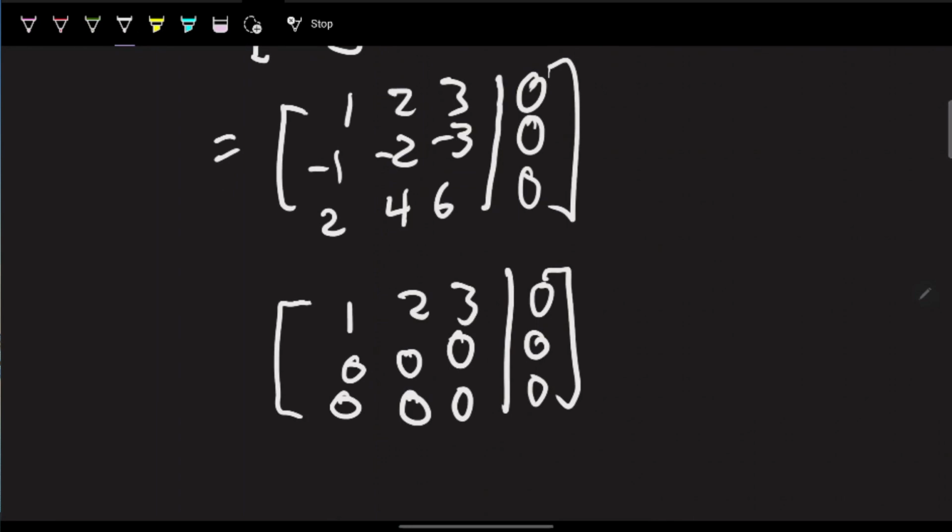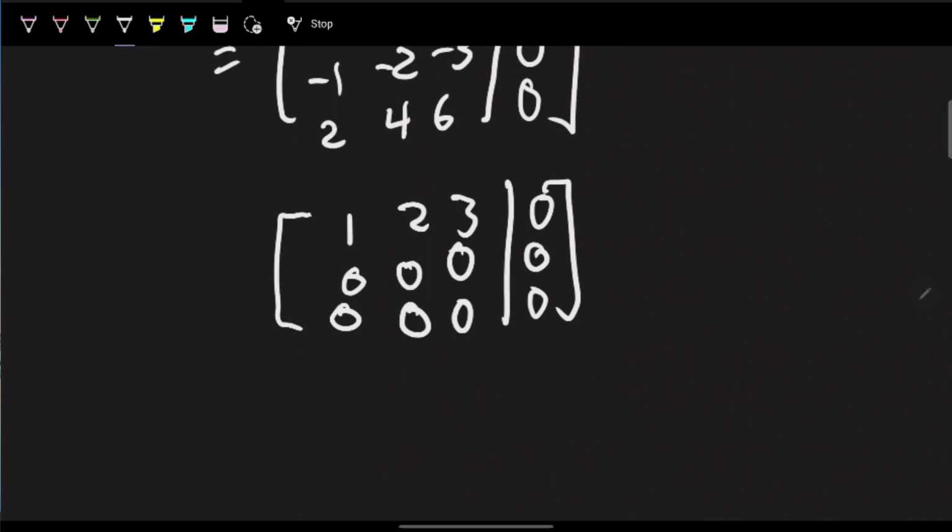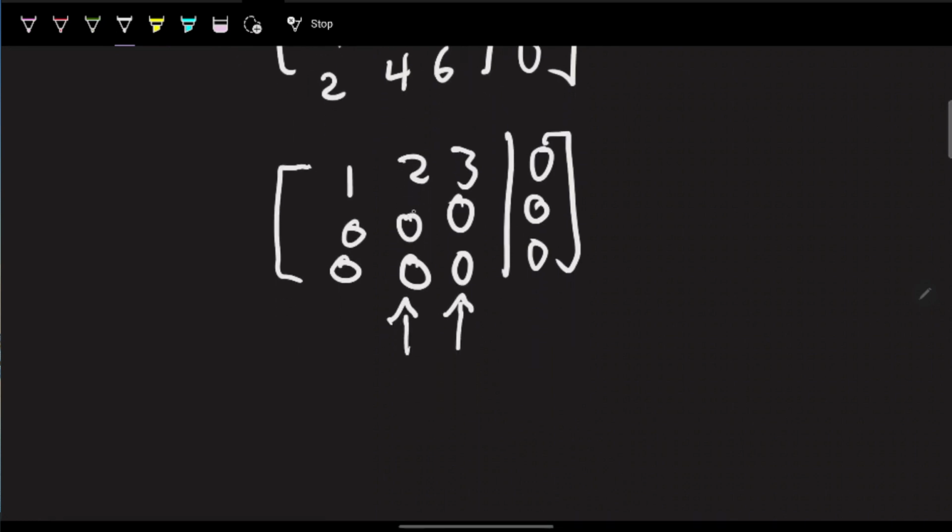Yep. So then you can consider those two variables to be free variables. For each one that has a leading zero instead of a leading one, let's do a free variable. Let's call this s and let's call this t.